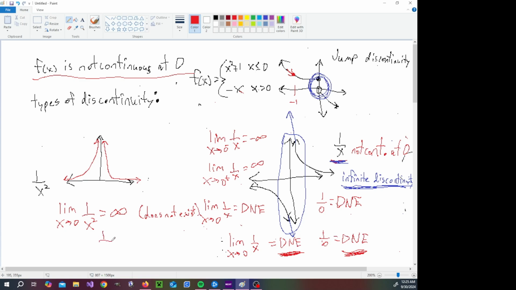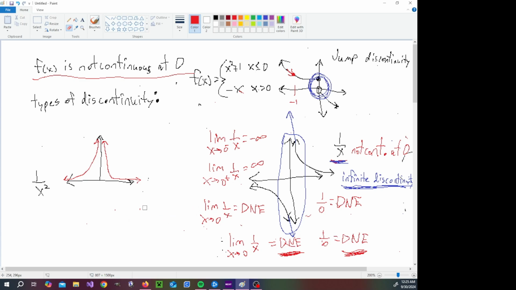And again, can I do 1 over 0 squared? No. I meant to just say no. I don't know why I wrote the T. No, we can't do that. So again, this is another function that is discontinuous in exactly the same way as the 1 over x.